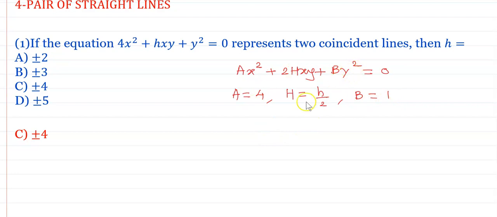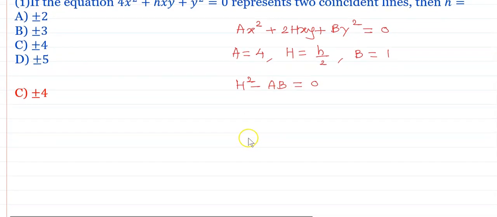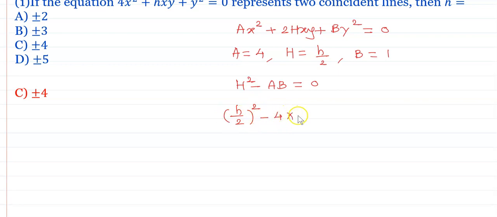When the lines are coincident, then we have the condition h square minus AB is equal to 0. Now substitute the values. H means h by 2, bracket square, minus AB. A is 4, B is 1, and that's equal to 0.